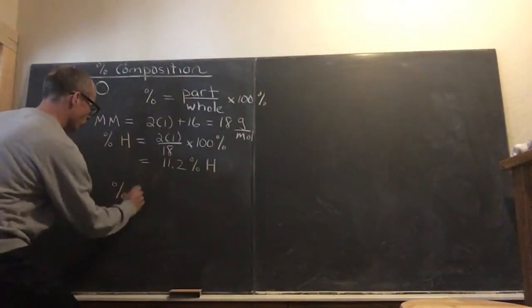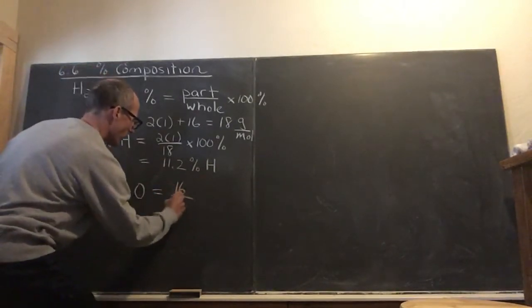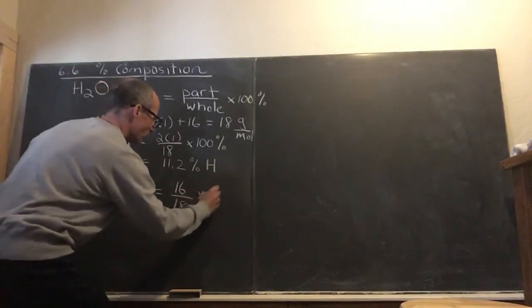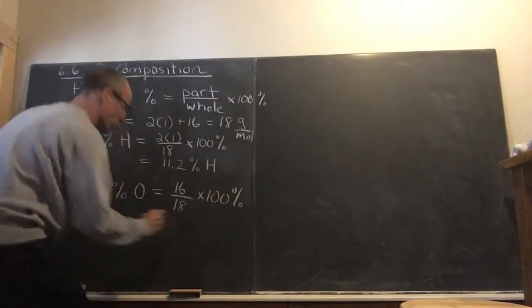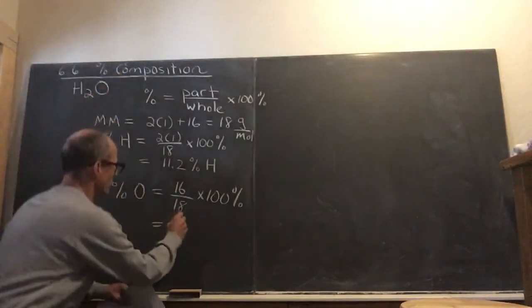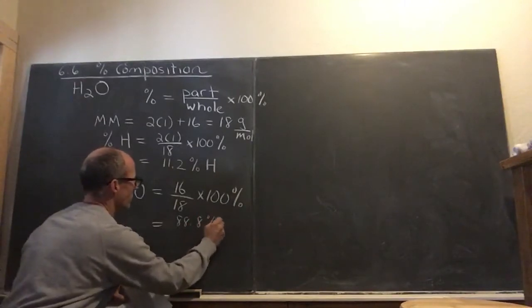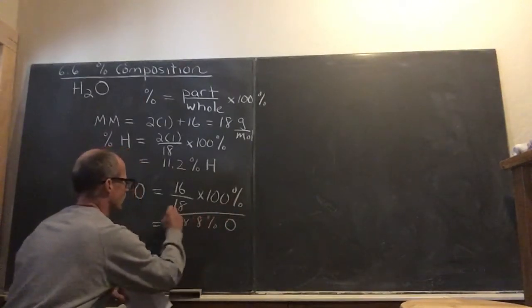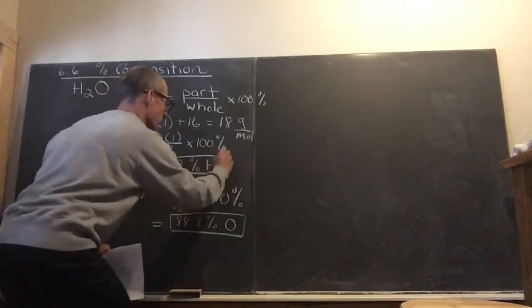The percent of oxygen in water is equal to 16 divided by 18 times 100%. And if you have your calculator handy and you do the math, lo and behold, that ends up being 88.8% oxygen. So this is a fairly simple concept.